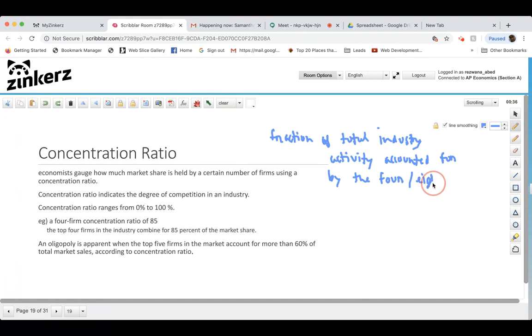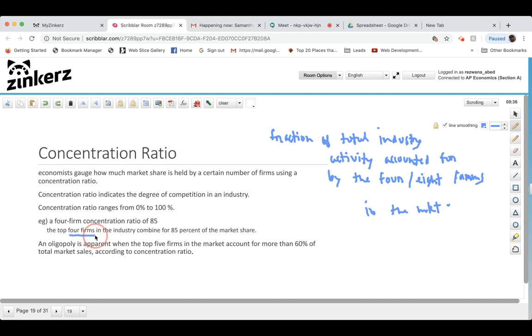So we can see both, sometimes it's 4, sometimes it's 8, so for the 8 largest firms in the market.